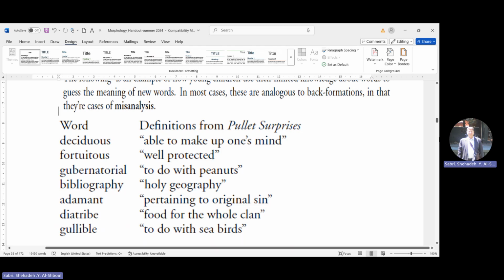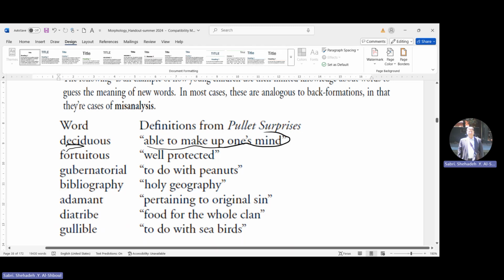But when speakers first heard this form, they thought deciduous is like continuous or ubiquitous, from decide, meaning to be able to make up one's mind, to determine.